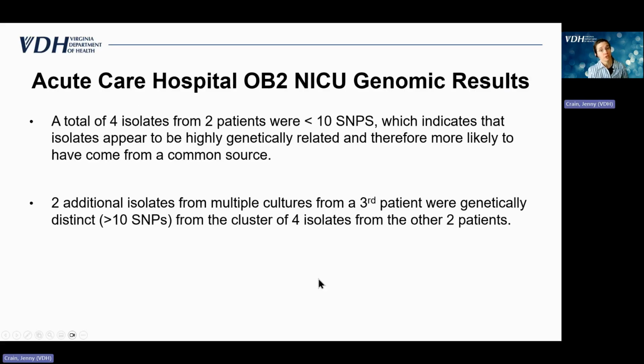A total of 4 isolates from 2 patients were less than 10 SNPs, which indicates that the isolates appeared to be highly genetically related and therefore more likely to have come from a common source. 2 additional isolates from multiple cultures from a third patient were genetically distinct, or greater than 10 SNPs, from the cluster of the 4 isolates from the other 2 patients. So again, it's really helpful to look at your line list here, noting where it specifically has a number and a letter that designates more than one specimen from the same patient.